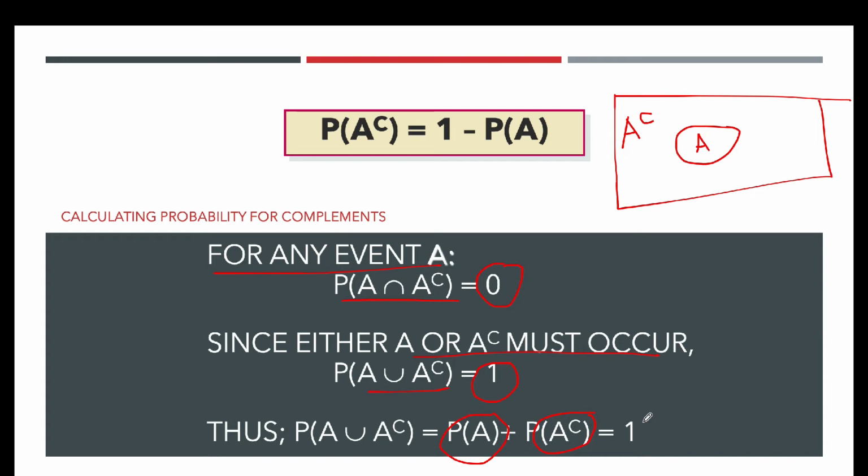This is rearranged to give the probability of complement A equals 1 minus the probability of A. So this is truly related from one chapter to another.